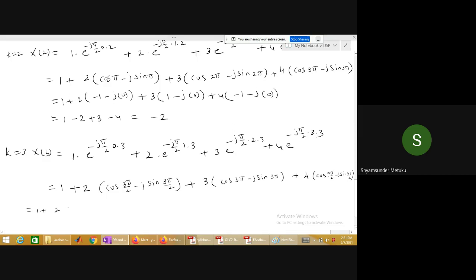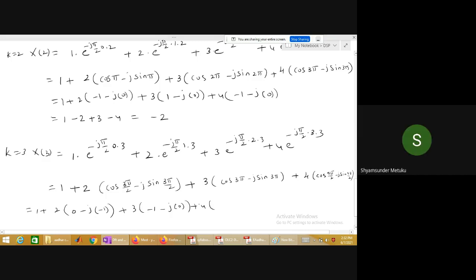Cos 270 is 0. 0 minus j sin 270, which is minus 1. Minus 1. 3 cos 3 pi is minus 1. Yes, sir. Sin 3 pi is 0, no? 0.